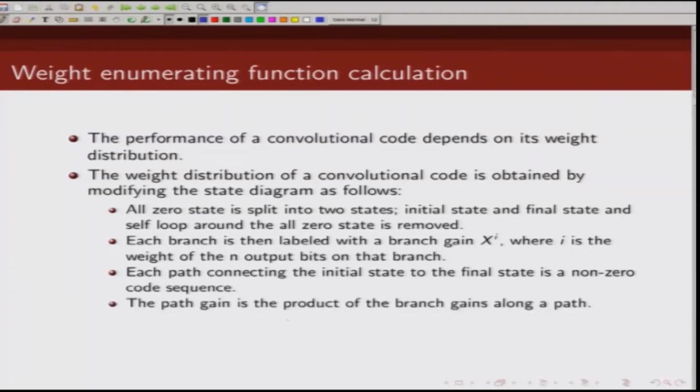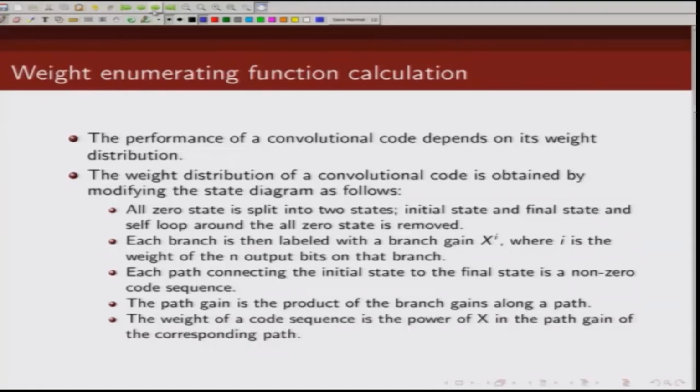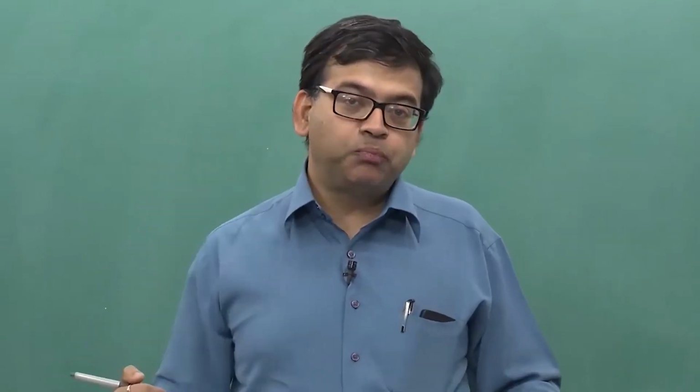We define a path gain as the product of branch gains along a path, and the weight of a code sequence will be nothing but the power of x in the path gain of the corresponding path, because each branch is labeled by its corresponding output weight.